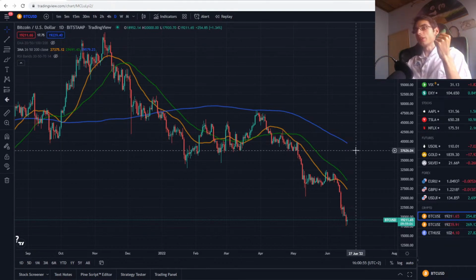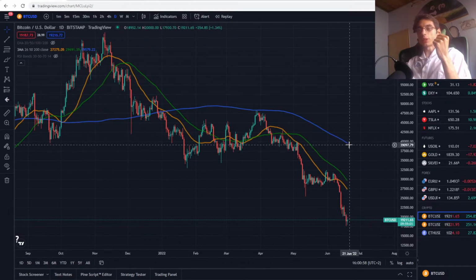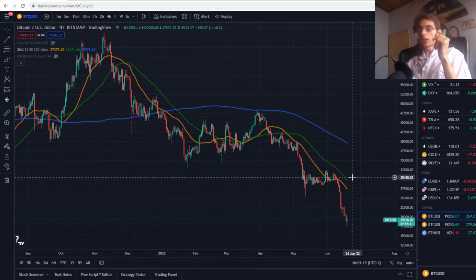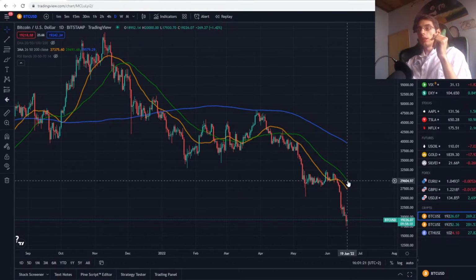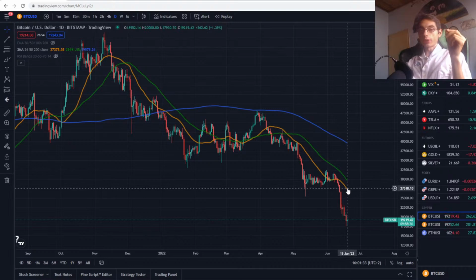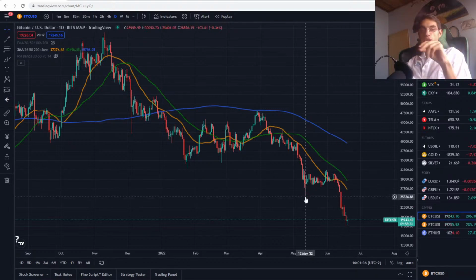The 200 SMA is the yearly moving average of any chart, taking into consideration the medium price the asset is valued at from a yearly perspective, and the same is for the 50. The only difference is the 50 is a quarterly value of the asset. Instead, the 26 SMA is the monthly value of the asset for the price action.